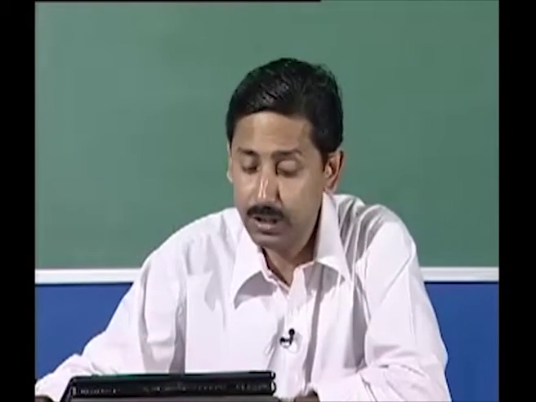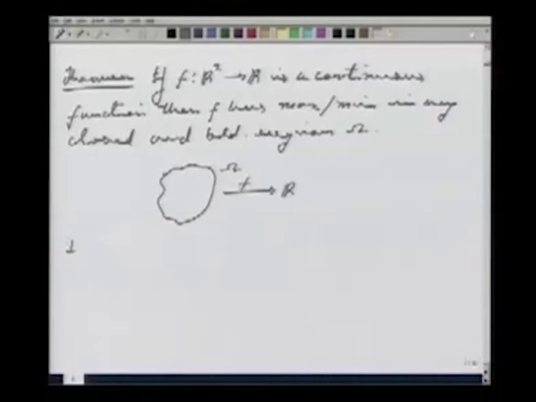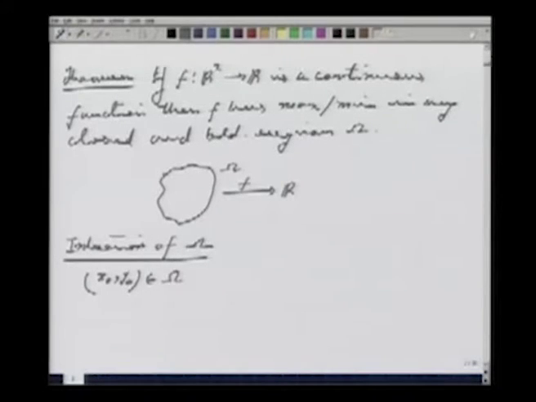Now our aim is to get hold of maximum and minimum if they occur in the interior of omega. So for that I need the definition of interior of omega. What do we mean by interior of omega? It means, suppose (x naught, y naught) is a point in omega.